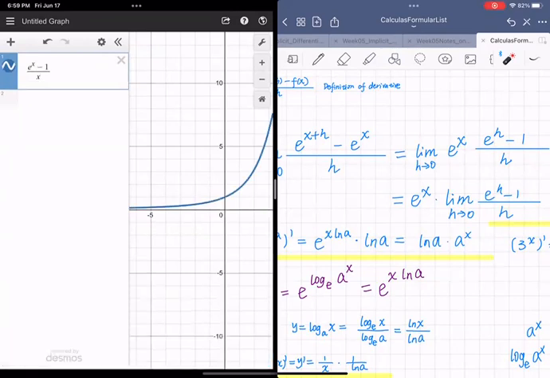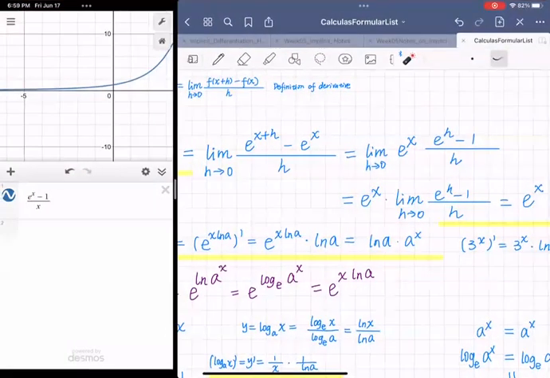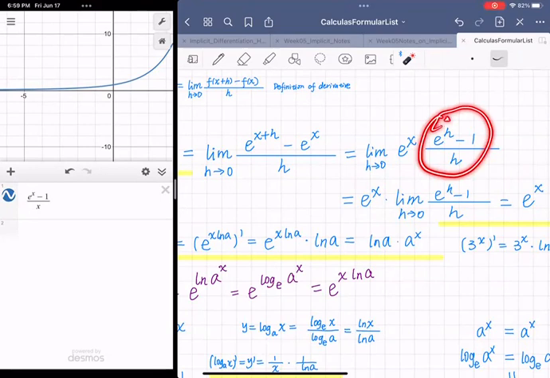When x is 0, this results as a 1. So that is 1. So this result is this. So you might feel curious. How come you make this to be true? I still don't get it.